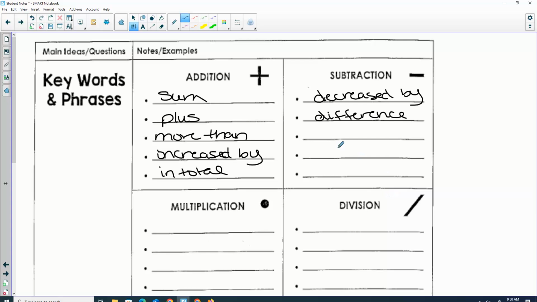Less than. What if I just said subtracted from? Or even just minus? This would also tell me subtraction.